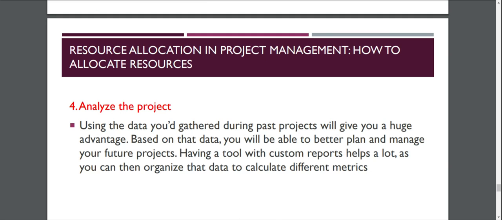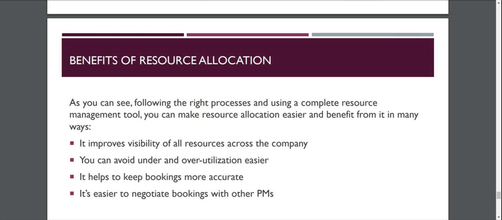So what is the actual benefit of this resource allocation? As you can see, by following the right processes and using a complete resource management tool, you can make resource allocation easier and benefit from it in many ways. It improves visibility of all resources across the company. You can avoid under and overutilization much more easily, and it helps to keep bookings more accurate.